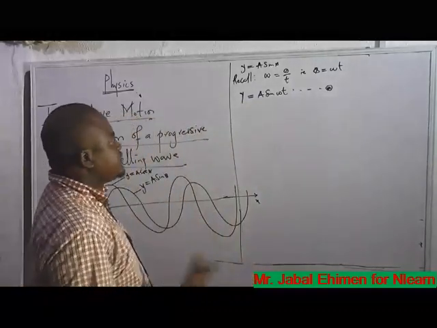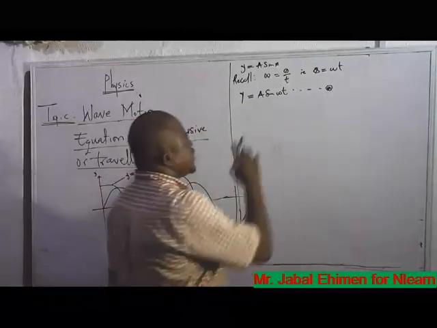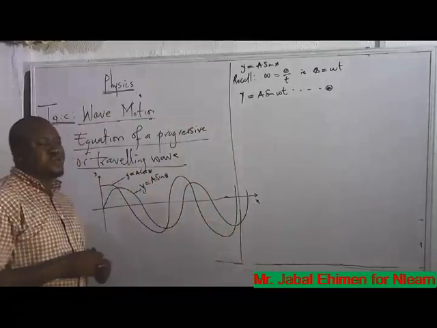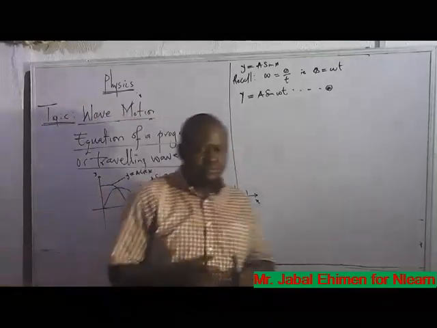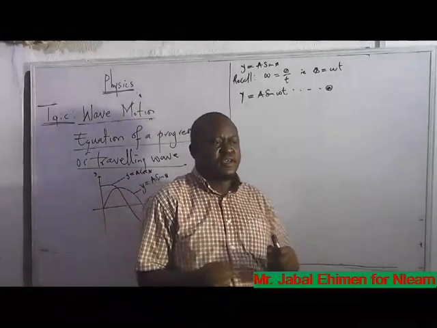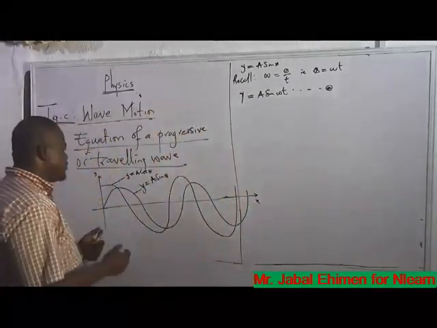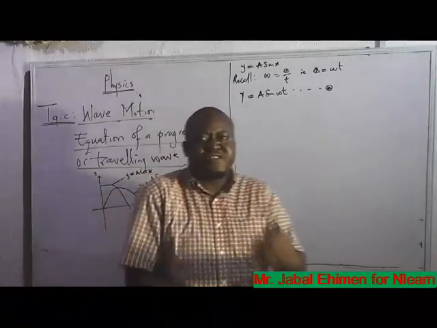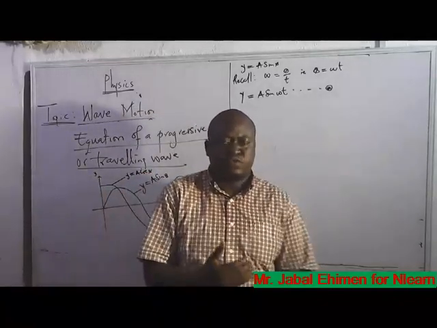I can decide to say, okay, if that's the case, anytime a wave is moving, there is something we call the wave constant. There is this thing that happens between them, it's a phase difference that happens between the waves.